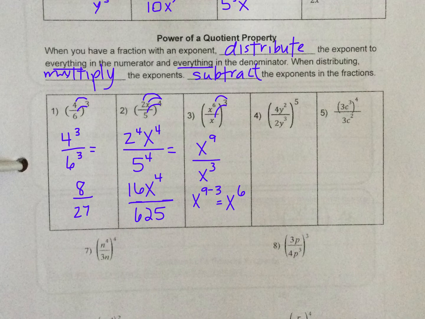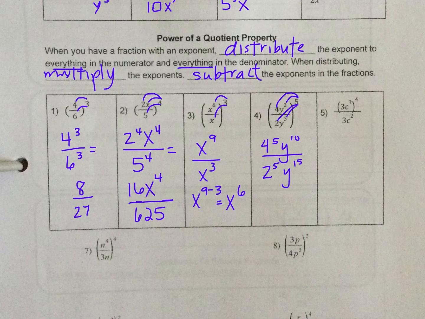All right, let's distribute this guy. Everybody gets it. 4 to the fifth, y to the 10, 2 to the fifth, y to the 15th.